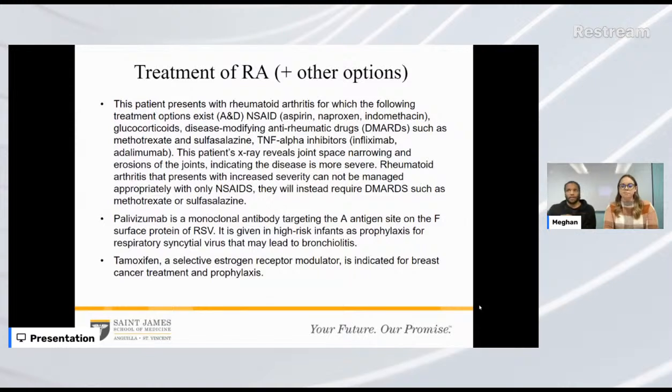But disease-modifying anti-rheumatic drugs are usually the more long-term treatment, especially if the patient is having more severe disease. So in our patient, we saw the erosions, the joint space narrowing, things like that, that would indicate that this disease process has been going on unchecked, and it has caused severe damage to your joints.